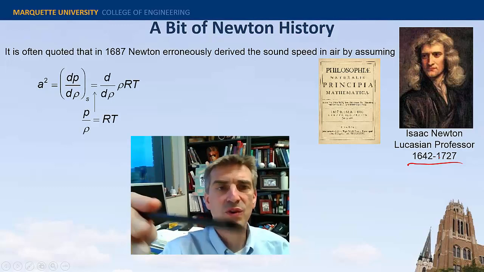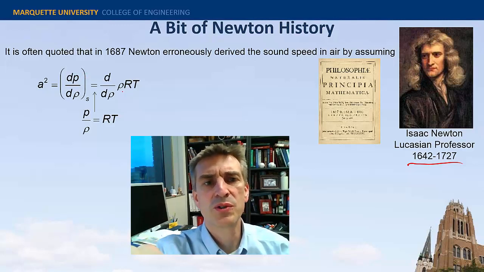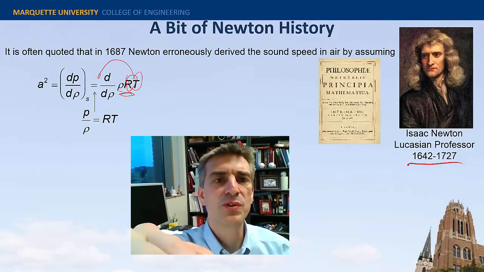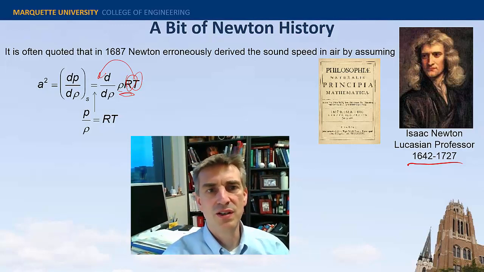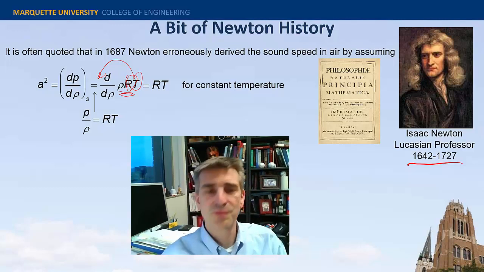And if you do that, you can quickly show that if I put in P from P equals rho RT, so this is the ideal gas relationship, and I assume T is a constant and R is a constant, then I can easily pull those out and then just take the derivative with respect to rho and you get RT, for constant temperature, mind you.